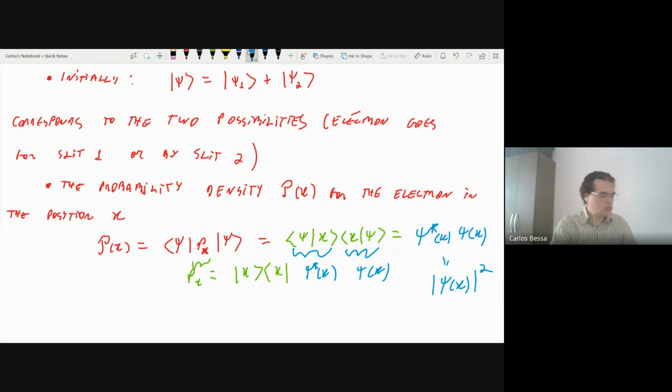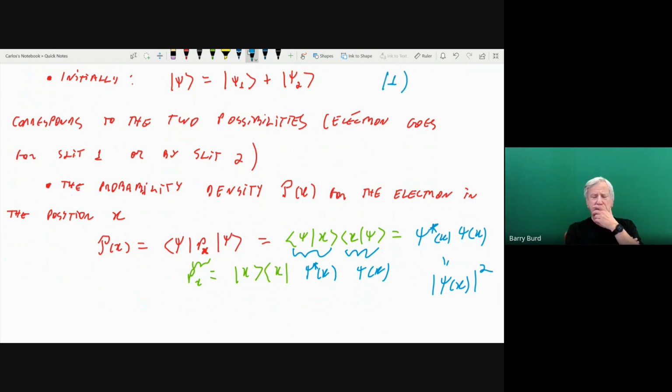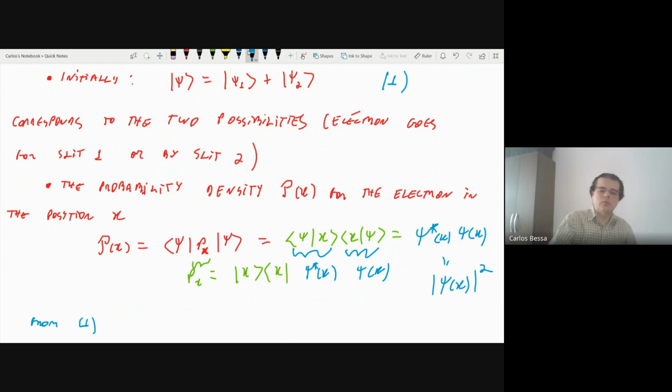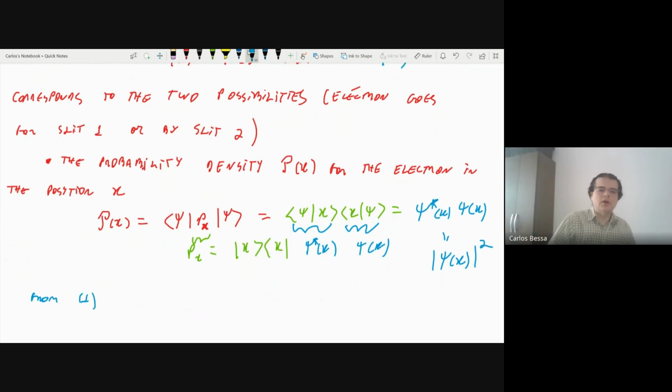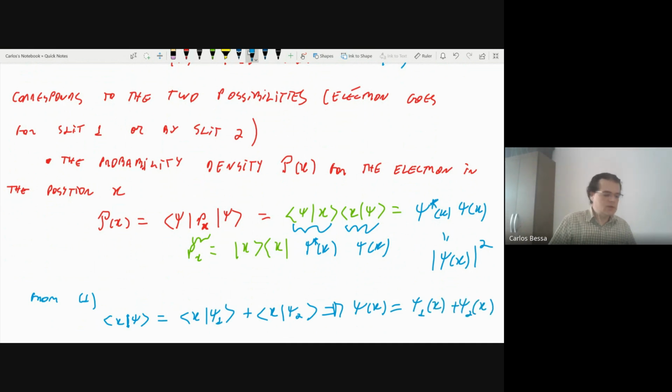Okay. And from this, let's call this one, we can multiply by the bra x: x psi is the same as x psi 1 plus psi 2, which gives psi of x equals psi 1 of x plus psi 2 of x. Okay.